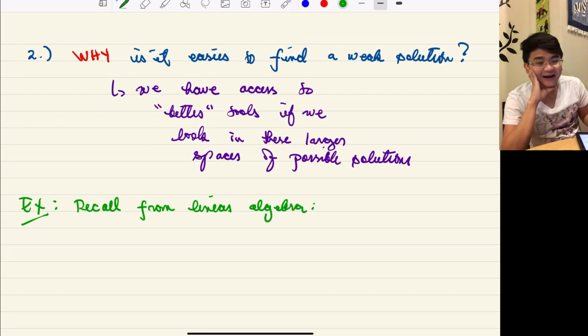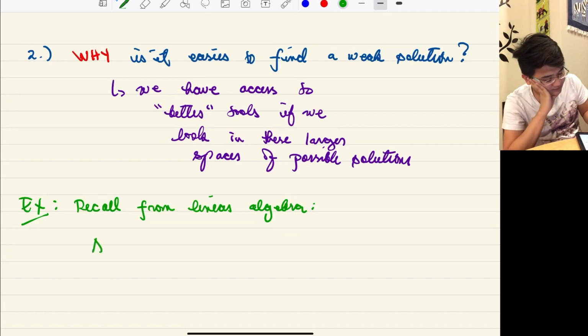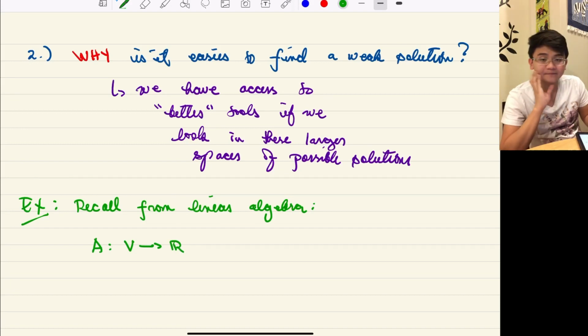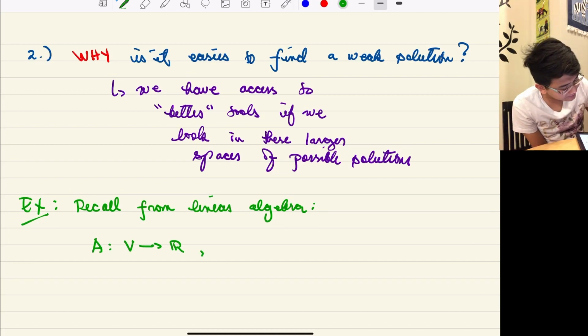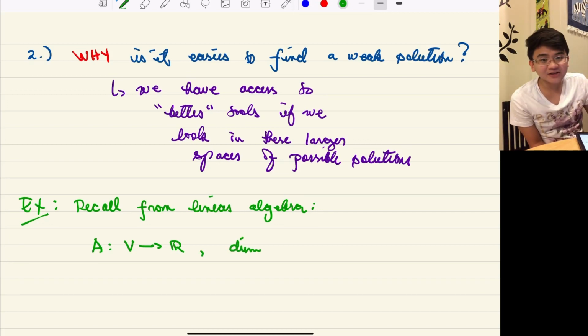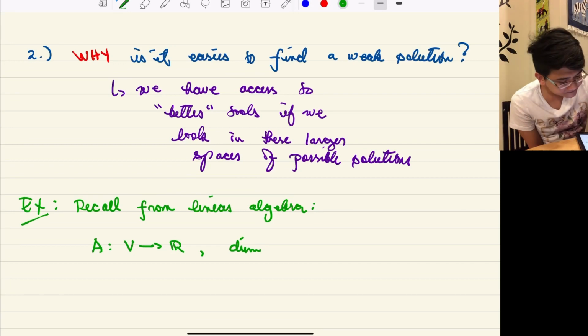If I have a linear functional A from some vector space V over R to R, so our field is R, it's always going to be R in these discussions, and V is finite dimensional, so the dimension of V is finite.